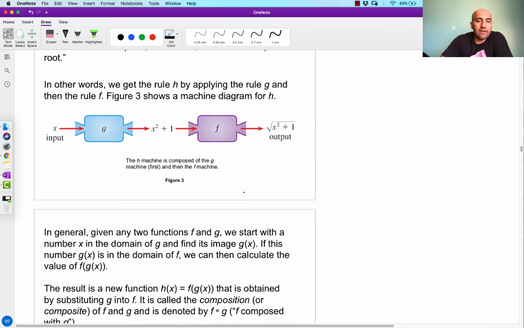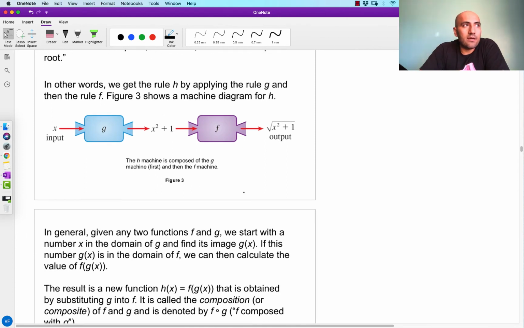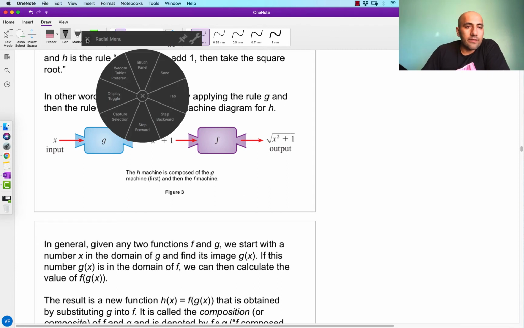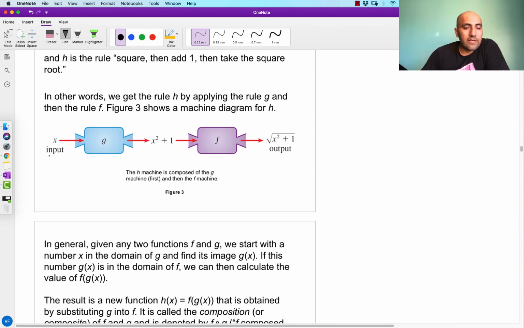So we can describe these composition functions using these kinds of diagrams. The input goes into the g function. Remember, let me write it over here. It was f of g of x. That was h of x.